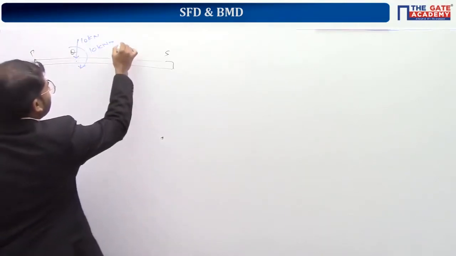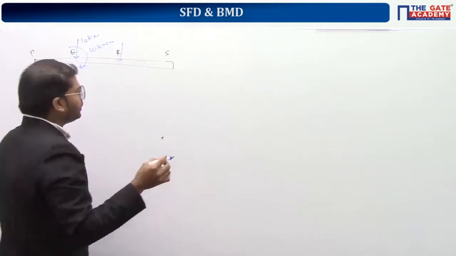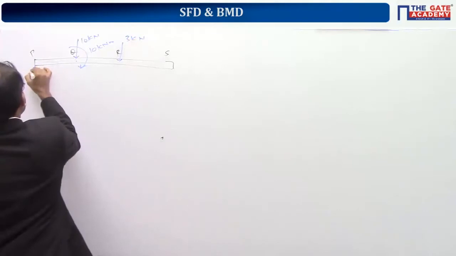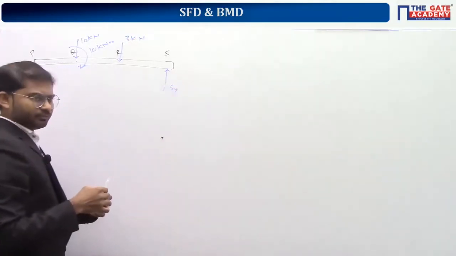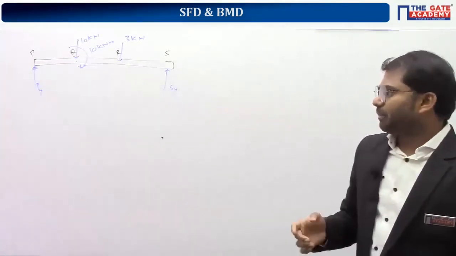And at R, the vertical force is 6 sin 30, so it is 3 kilonewton. So we'll be getting Py reaction force and Sy reaction force. You can get those values of Sy and Py by applying the equilibrium condition.